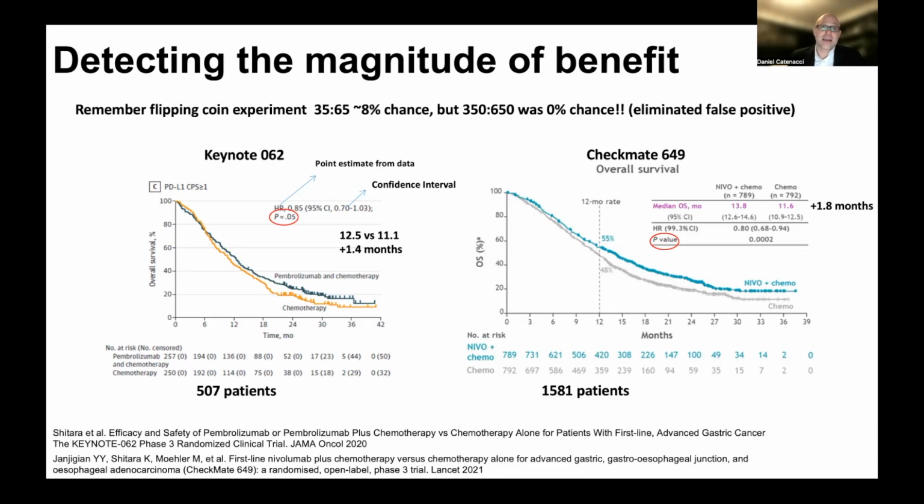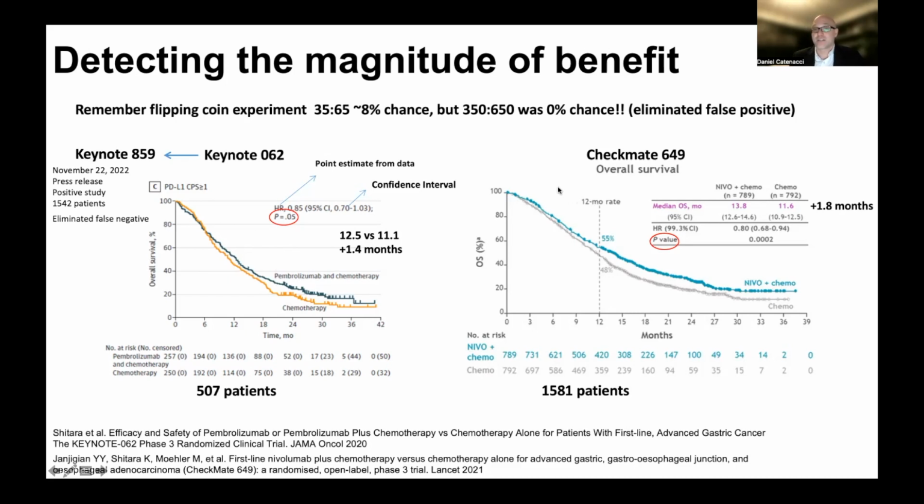And speaking to that, the follow-up study of pembrolizumab called Keynote 859, which basically ran the same study again, but with larger numbers, 3 times the size of Keynote 62, this study was positive and essentially eliminated a false negative result.